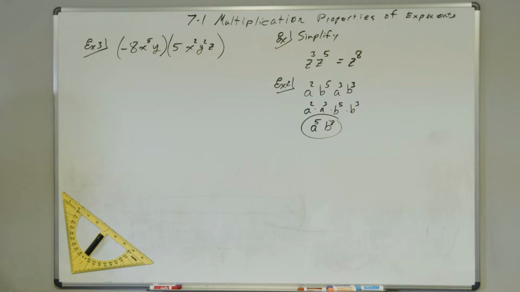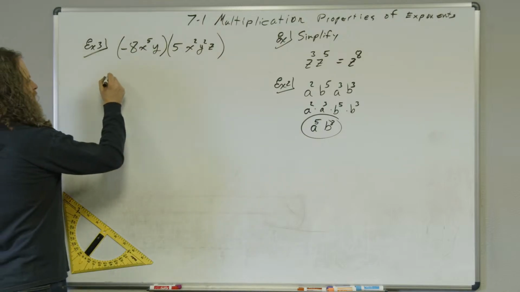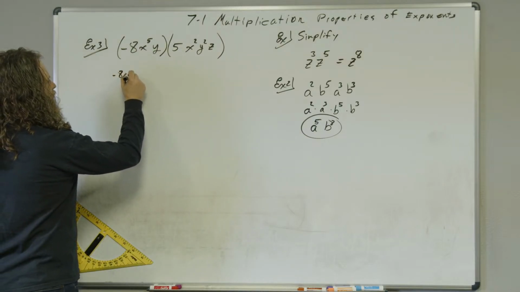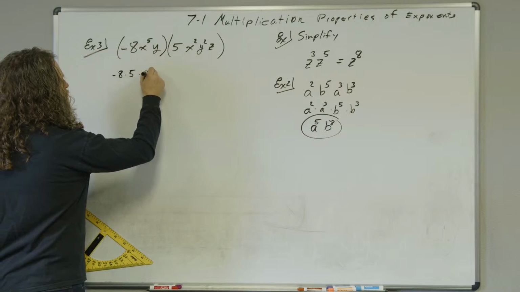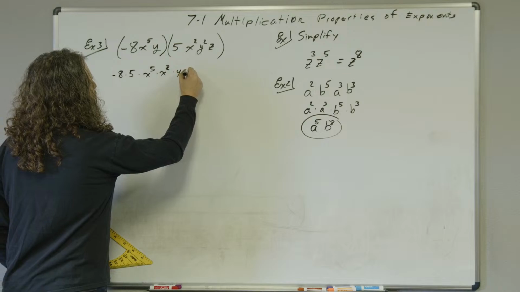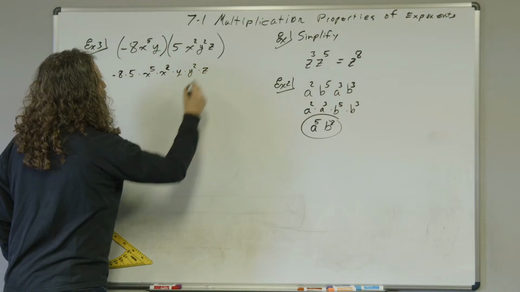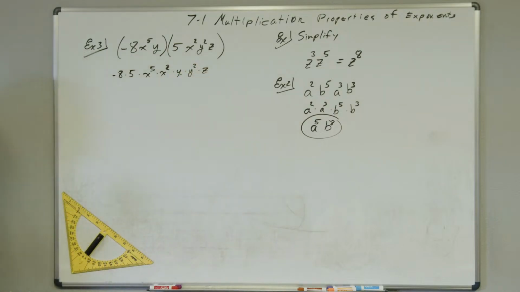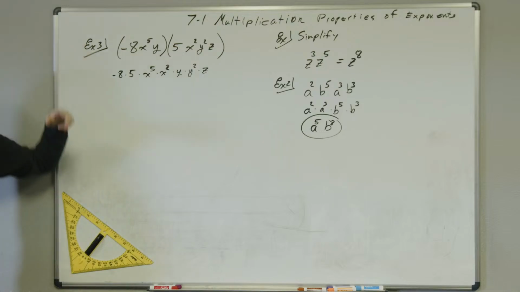If we use the commutative property, let me try to make things a little bit clearer. We arrange this to negative 8 times 5 times x to the fifth times x squared times y squared times z. What would we do with negative 8 times 5? The numbers in the front, they're just multiplied.